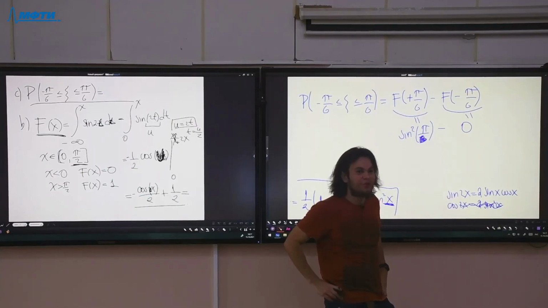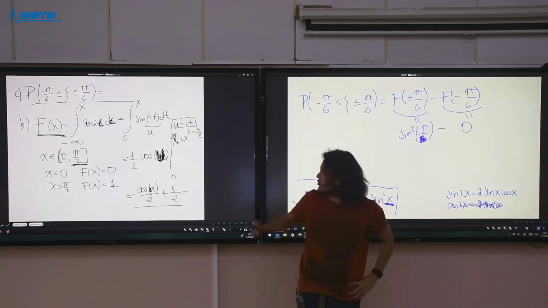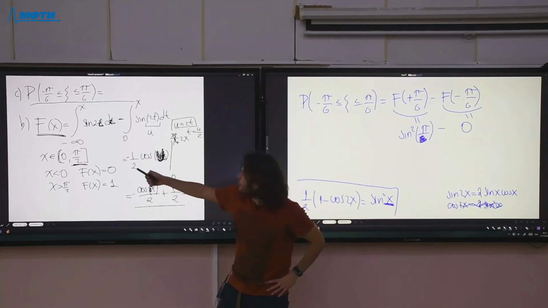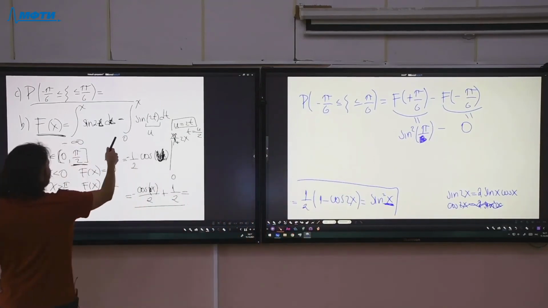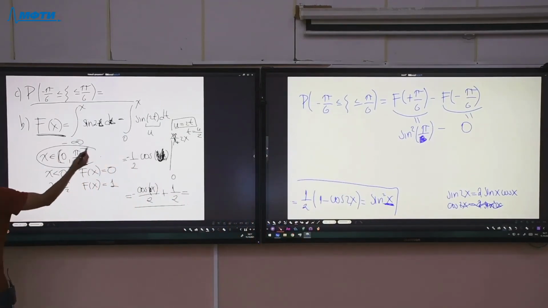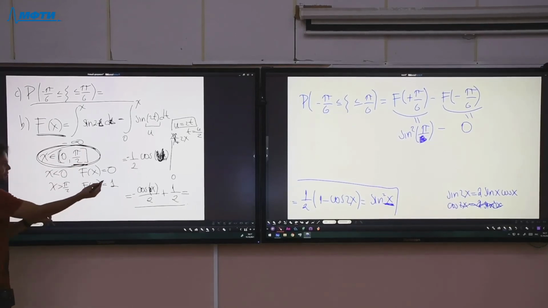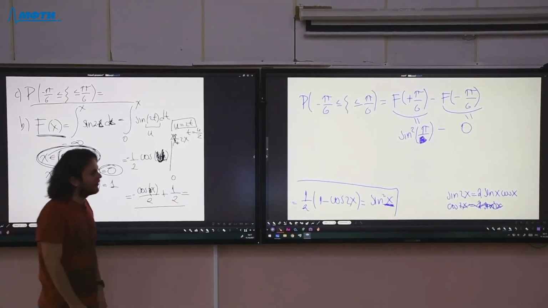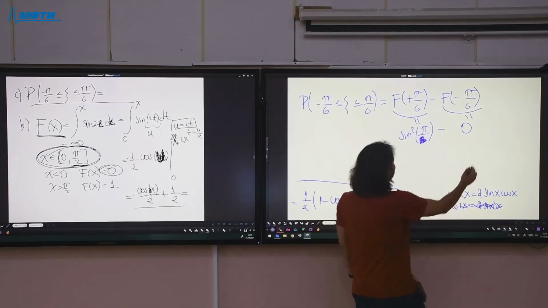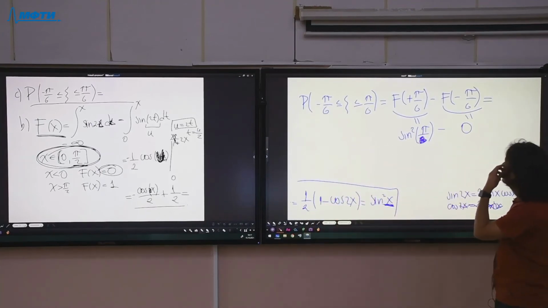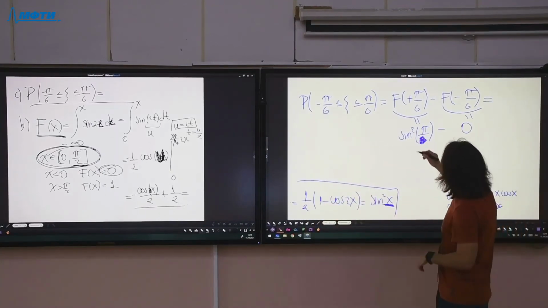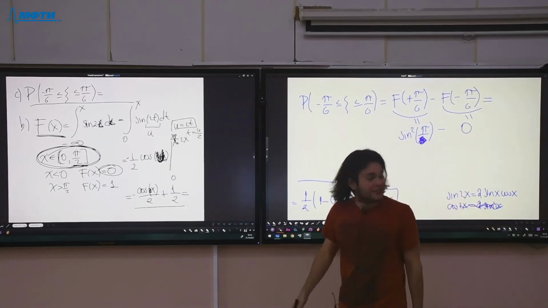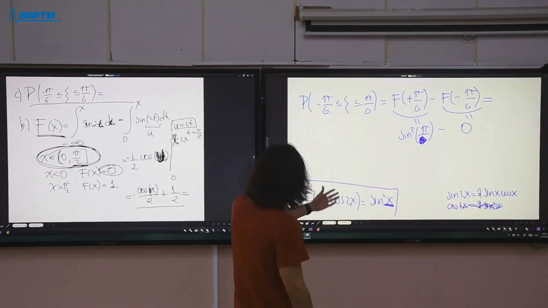Yeah, it's out of the range. So this is 0, right? So this is true in which case? If x is between 0 and pi over 2. Otherwise, this is 0. Look, 0 or 1. So that's it. The sine of pi over 6, I don't remember. So it's just like that, right? So that's the probability.